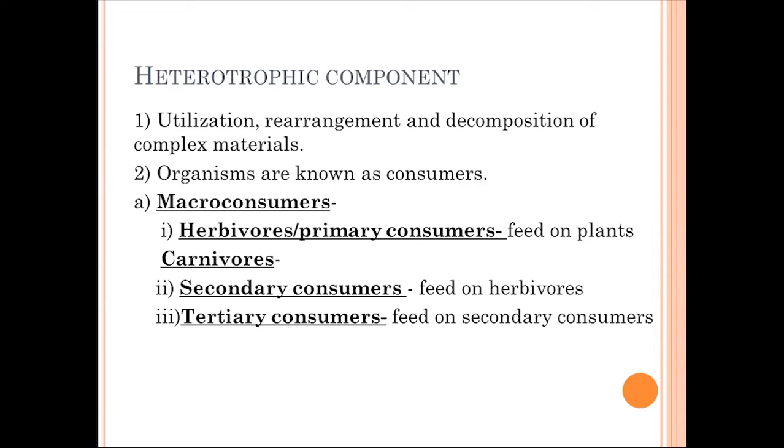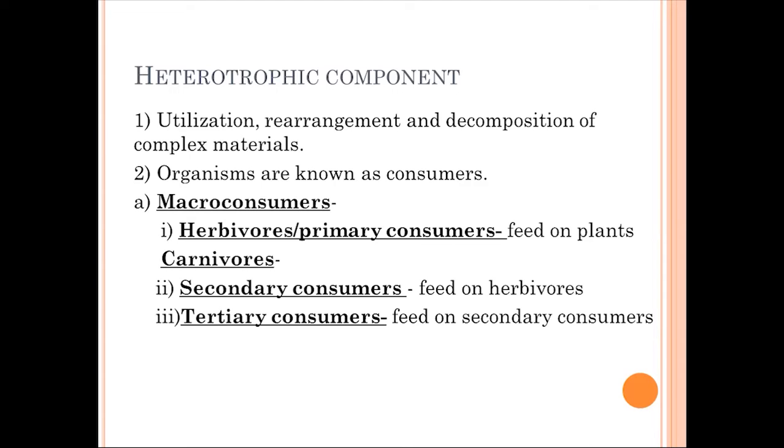Macro consumers are larger in size and they directly ingest or eat other animals or plants. Another name for macro consumers is phagotrophs. Macro consumers again are differentiated into three categories.